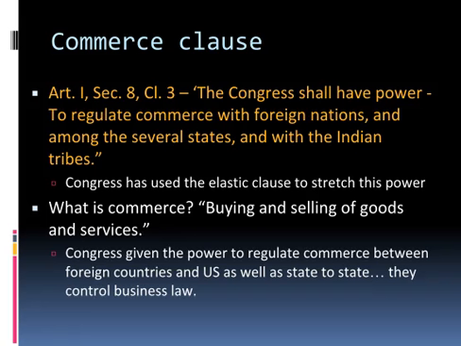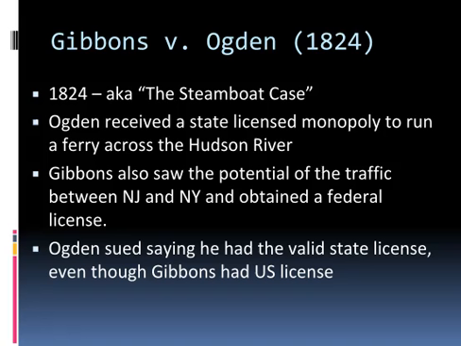So the next case that uses the Commerce Clause and the Elastic Clause that impacts the 10th Amendment is Gibbons versus Ogden. Gibbons versus Ogden was decided in 1824, and the simple way to remember it is that it's the steamboat case. The background of the case is that Ogden received a state license from the state of New York to run a licensed monopoly of steamboat ferries across the Hudson River.